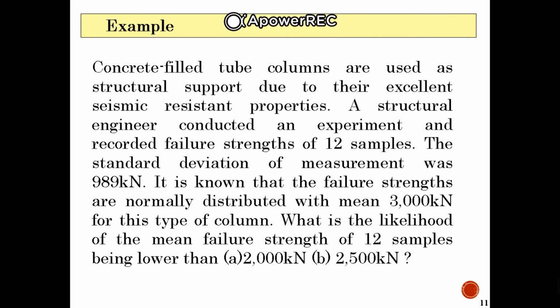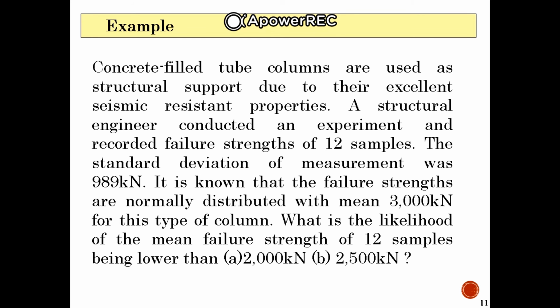Example: concrete filled tube columns are used as structural support due to their excellent seismic resistant properties. A structural engineer conducted an experiment and recorded failure strengths of 12 samples, and the standard deviation of measurement was 989 kilonewtons, the unit of force.